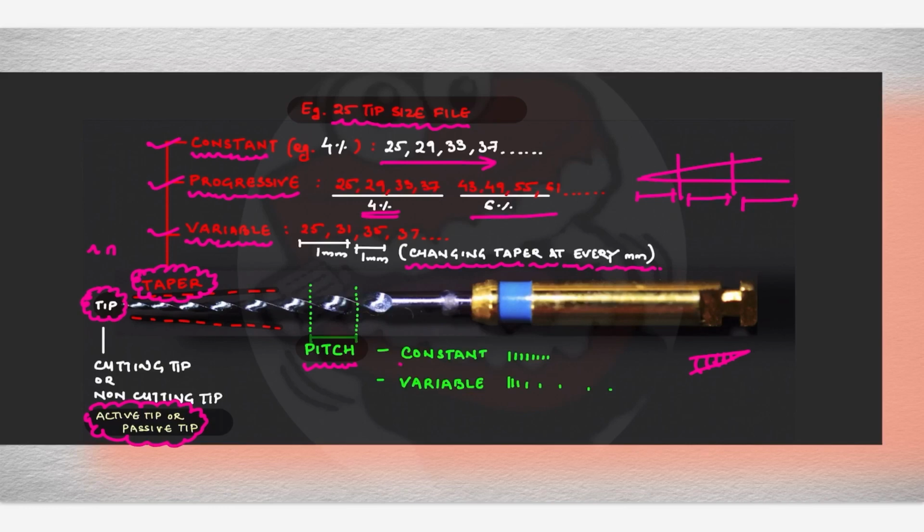This is referred to as a constant pitch. If the spirals on this screw are not at equidistance, then the pitch is referred to as a variable pitch. So basically the spirals on that pitch are either constant or variable. So these were the things: the tip, taper, and the pitch, which is either constant or variable.